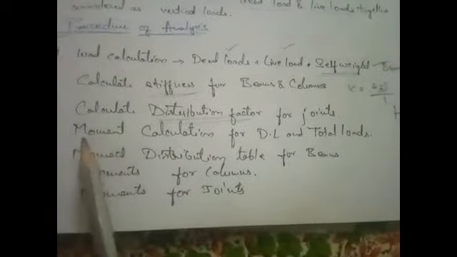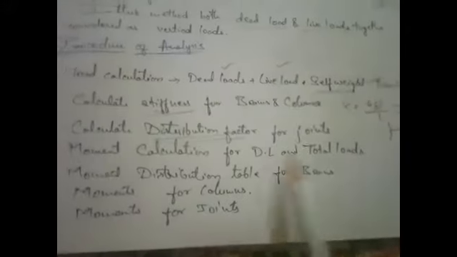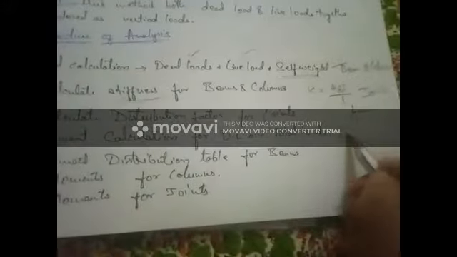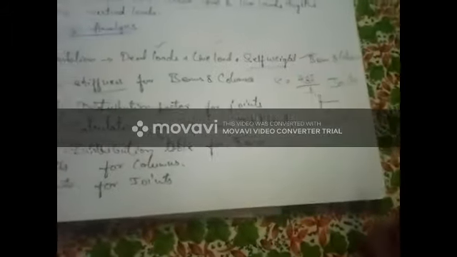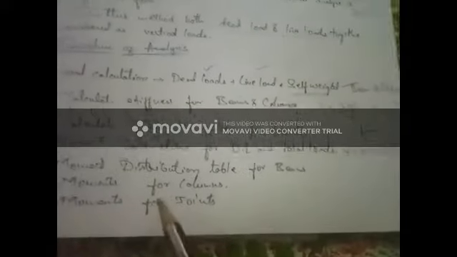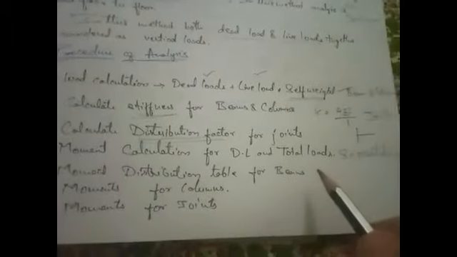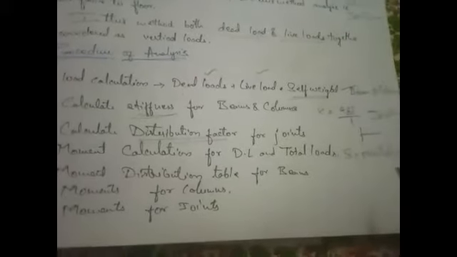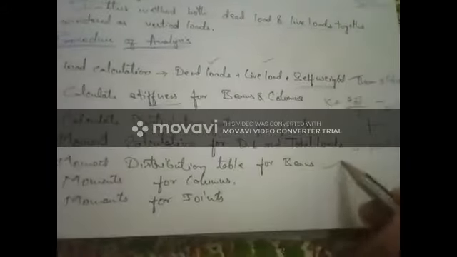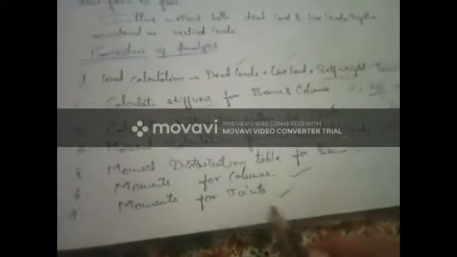After that, we do the moment calculations for dead loads and live loads separately, and then the moment distribution for beams, that is the distribution table using the moment distribution method. Then we analyze beams, then columns, then joints. With this we end the analysis process.